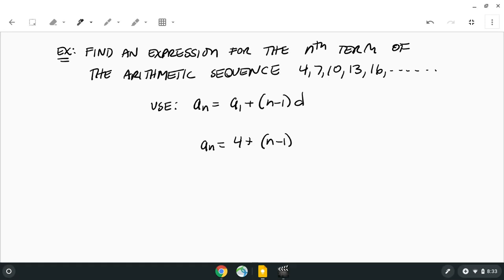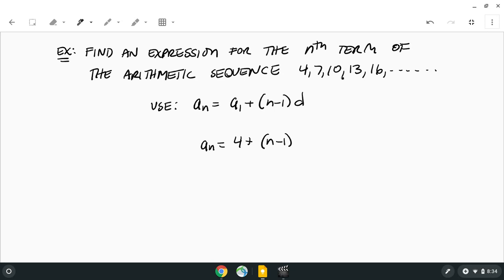And d is, again, you can take any of these terms and subtract which one? The one before it. So if I pick 13, I have to subtract the one before it. 13 minus 10 is 3. Because subtraction is not commutative, if you subtract in the wrong order, you'll get the wrong sign. And if you get the wrong sign, then the whole formula is off. So just make sure you subtract the one before it.